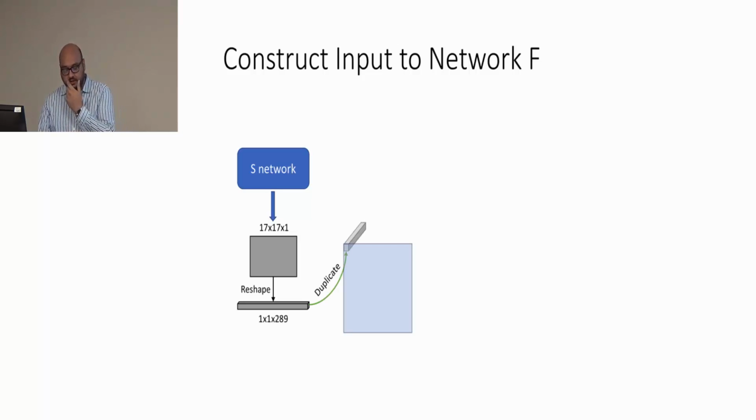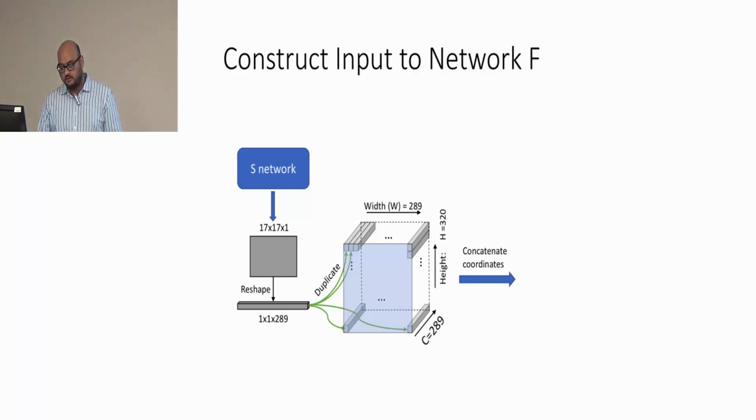We are duplicating the same vector again and again for constructing the cube. This is the input for network F, but we are not done here. We have to apply the coordinates here, and that is the actual regularization we are applying.